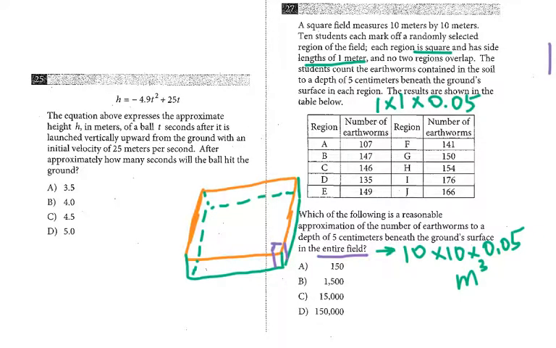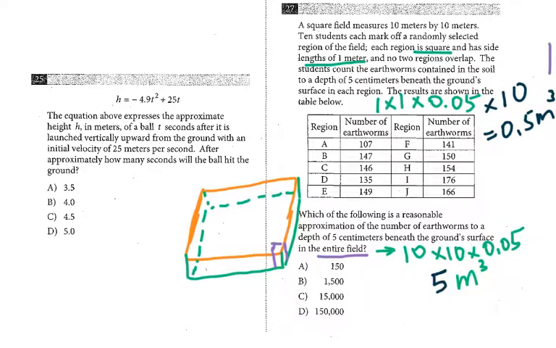That's 1 student. Altogether, we have 10 students, so we multiply by 10. Then the answer will be 0.5. For the whole field, that means 5 cubic meters.